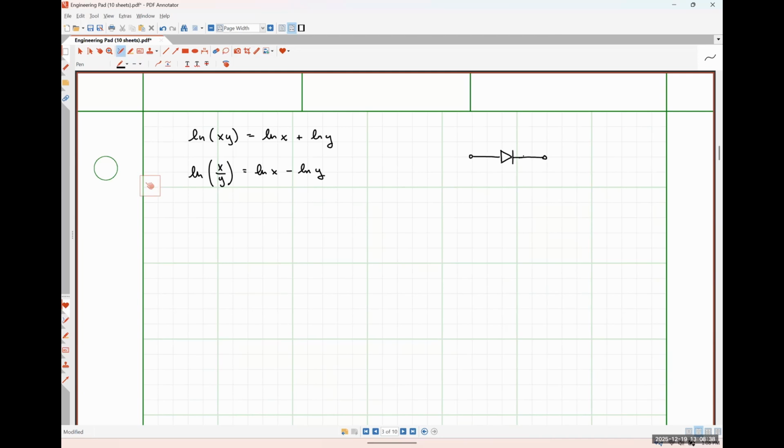So if I have some diode, and I'll call it D like so, this is going to be the positive polarity terminal of some voltage VD, and this is going to be the current ID, okay?